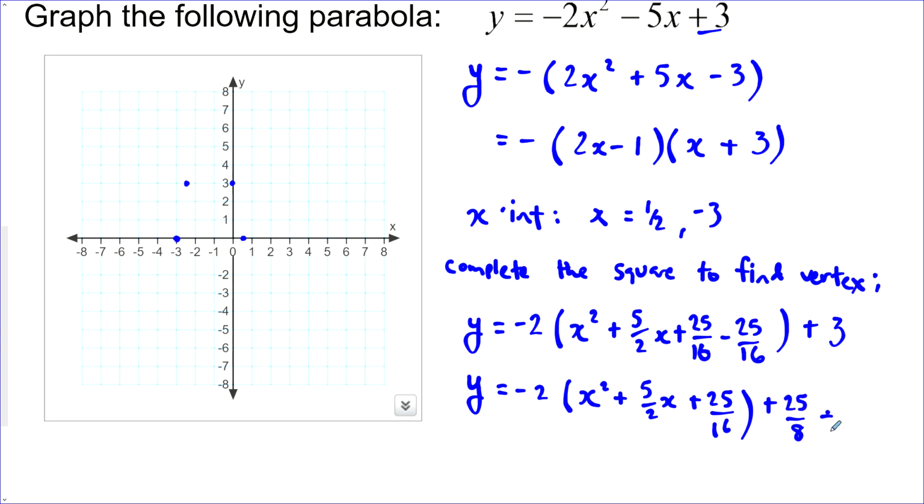25/8. And so that we can add these, let's convert a 3 into a mixed fraction with the same denominator as 8. So 24/8.